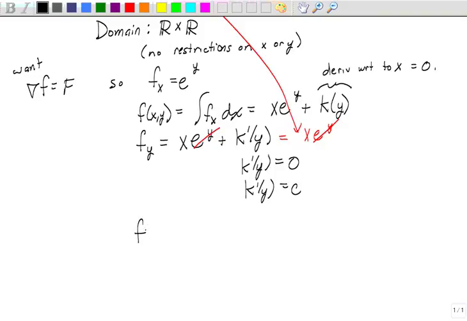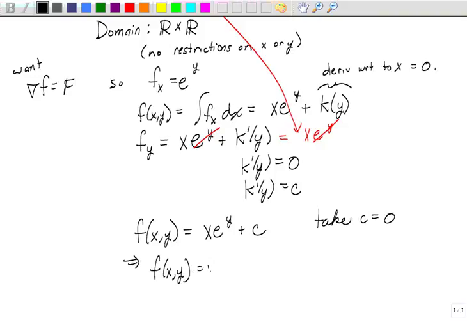So our function f is x e to the y plus constant. Well, the constant could be anything, so let's just take it to be 0. So we have our function to be x e to the y. And that says that capital F is the gradient of f.